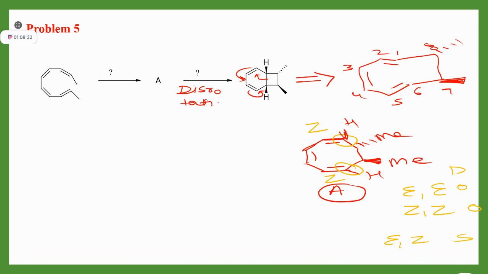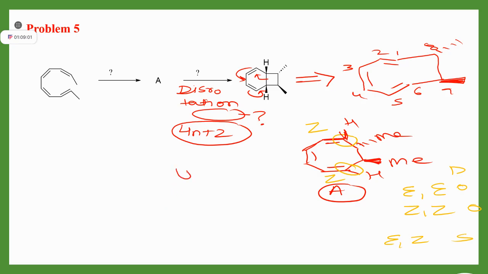Disrotation is required. Now students, you have to see how many electrons are involved. 1, 2, 3, 4, 5, 6. Means 4n plus 2 system. Under which condition will a 4n plus 2 system undergo disrotation? Tell me. Heating? Correct. Why? Let's take the example of hexa-1,3,5-triene.